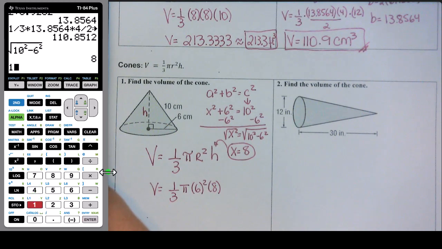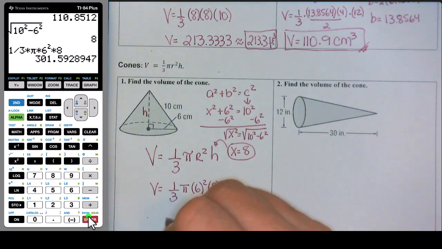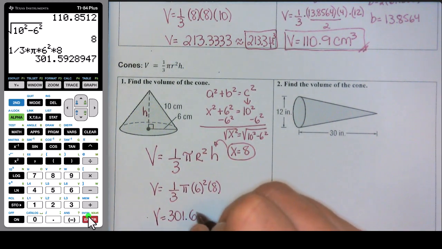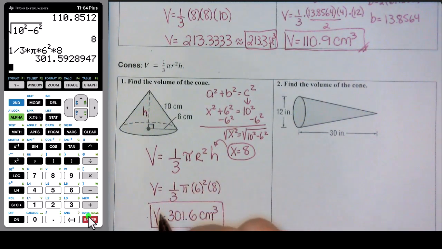So it'll be 1 divided by 3 times pi times 6 squared times 8. And we get a volume of 301.6 centimeters cubed. And there we go.